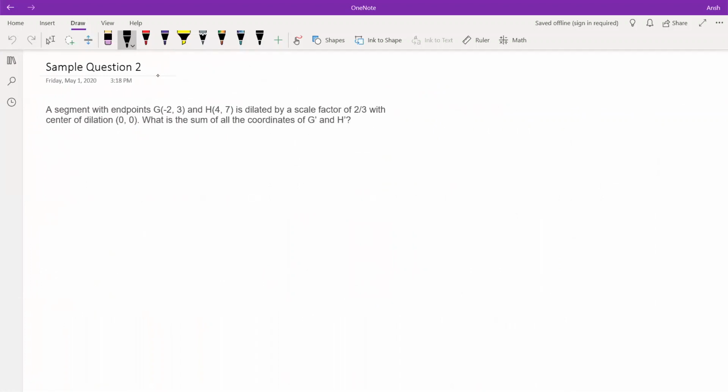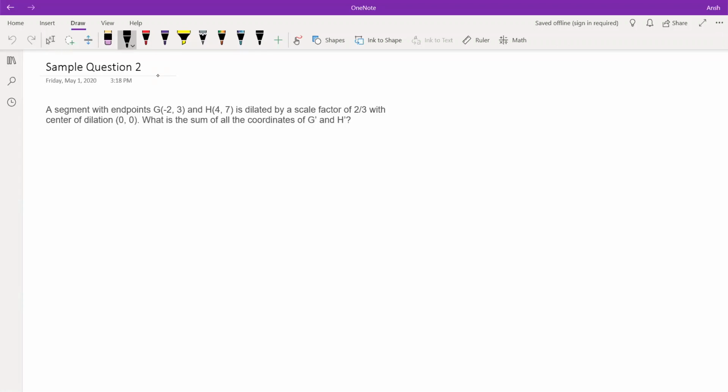This is from MATHCOUNTS Countdown. As you know, most Countdown questions are about being fast. We have a segment with endpoints G, which is (-2, 3), and H, which is (4, 7).